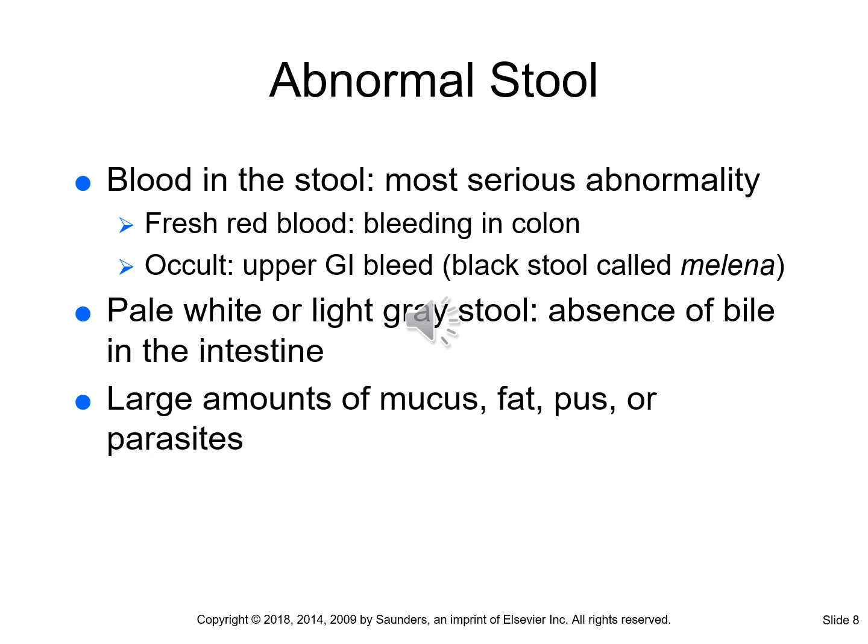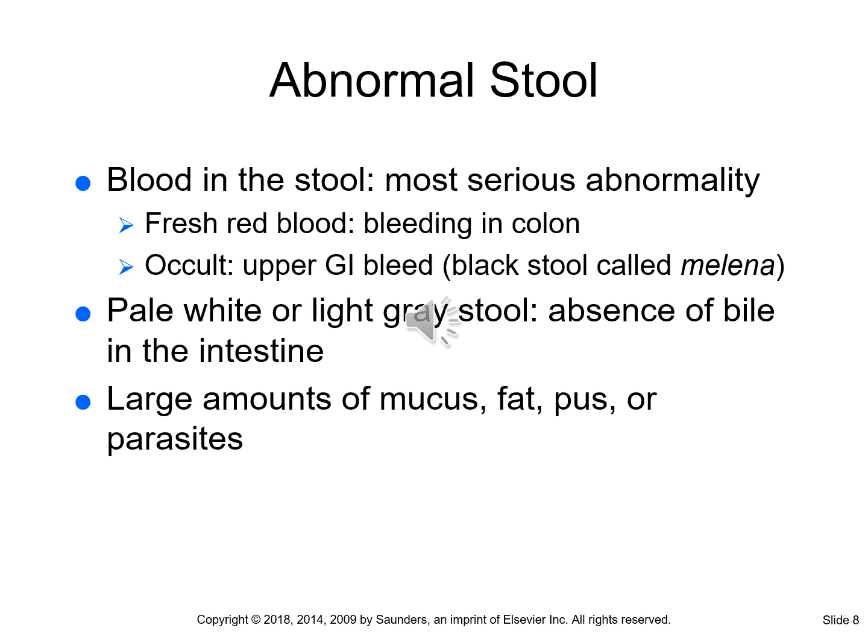As a typical rule of thumb, the darker the blood in the stool, the higher up in the GI tract the bleeding probably is, and the more fresh red blood, the lower in the GI tract it is.